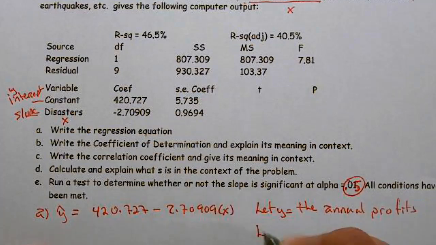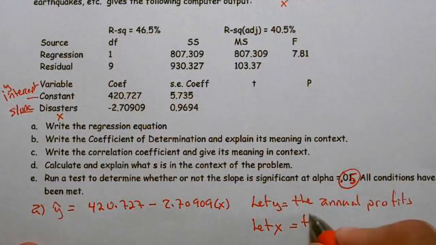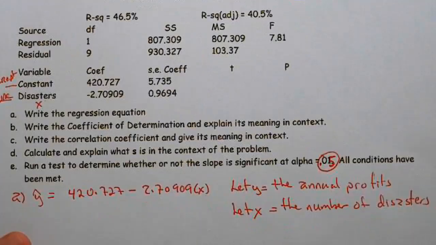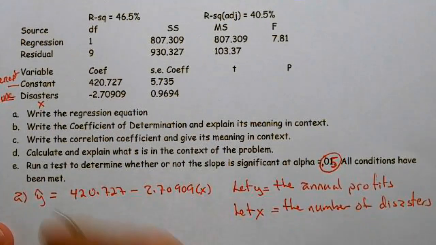And let x equal the number of natural disasters. Now, if I'd wanted to, I could have done it like this.